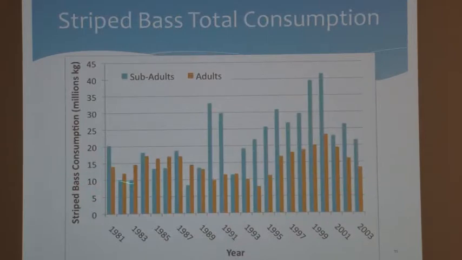Key point of this figure is I'm comparing the consumption by adults. So this is, again, same values that we just looked at in that previous diagram, and total subadult consumption. And you see there's similar trends between the two, and there's similar demands between the two.